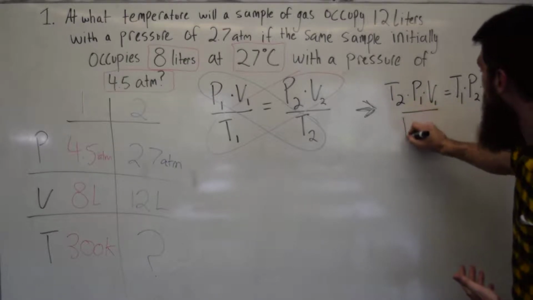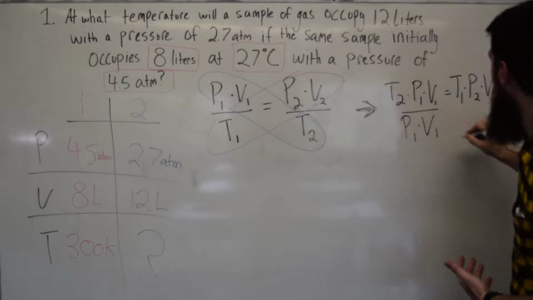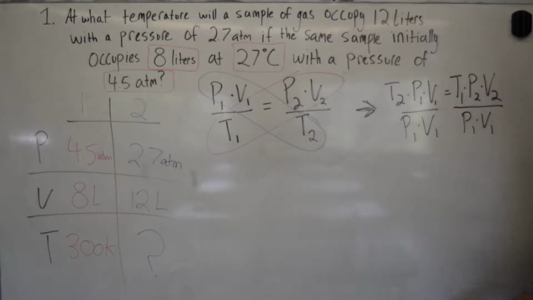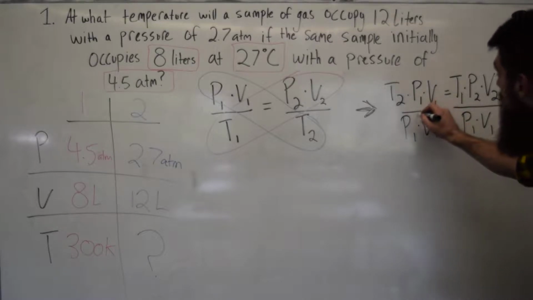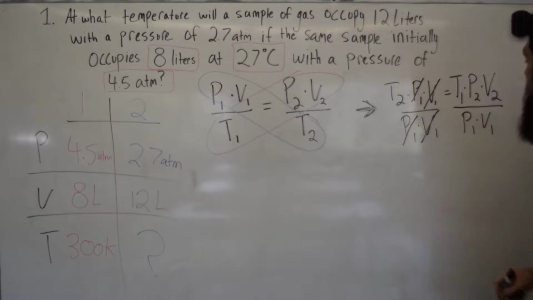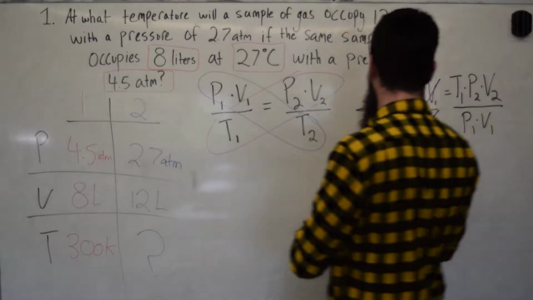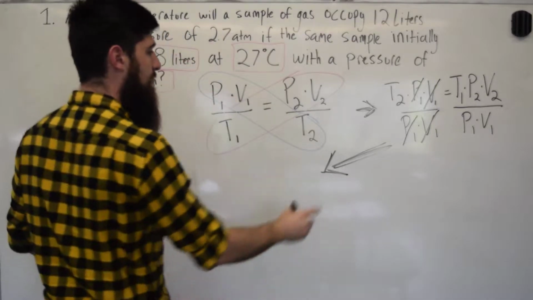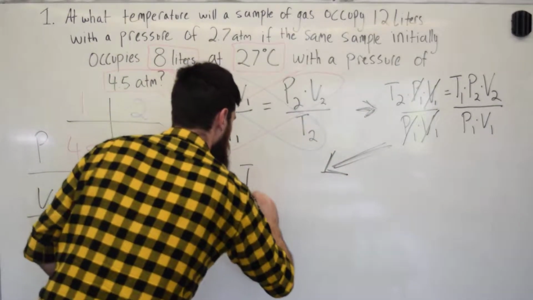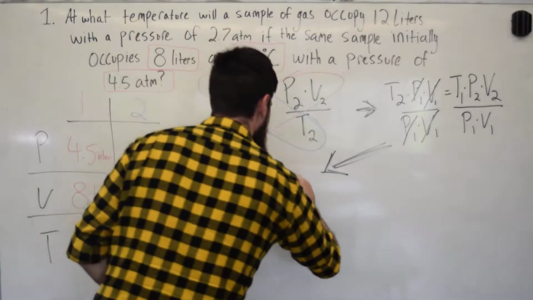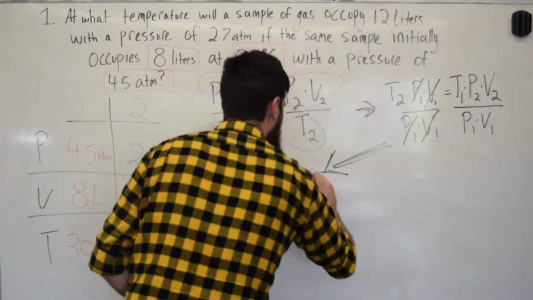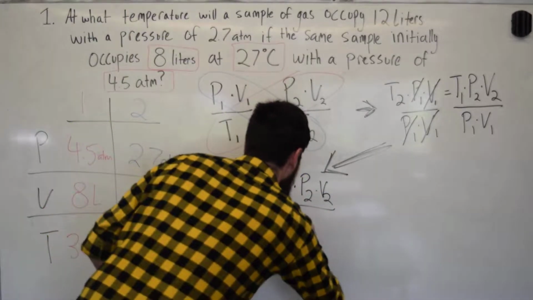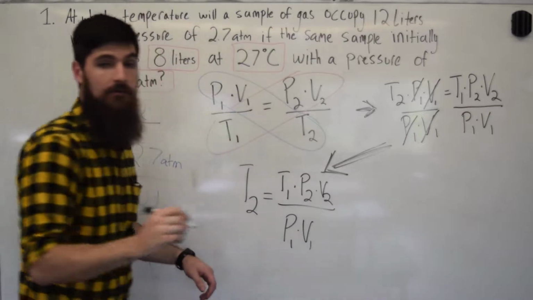If I divide this side by P1 and V1, and I divide this side by P1 and V1, now these will cancel out, and what we have is T2 equals T1 times P2 times V2 over P1 times V1.